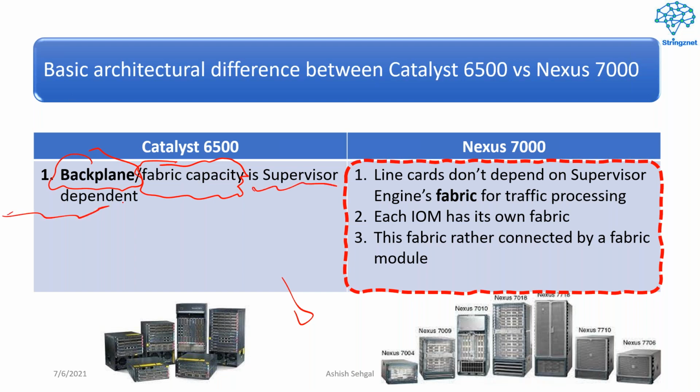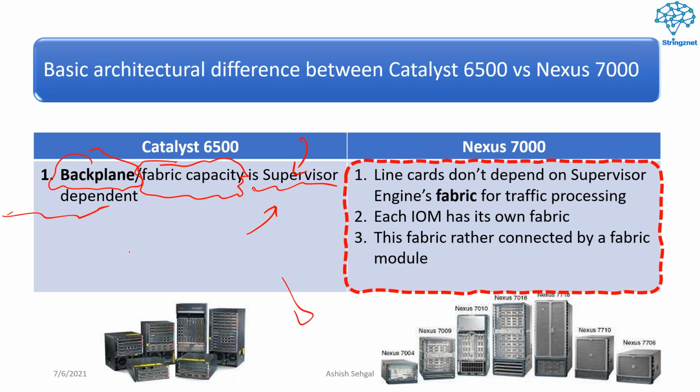Over here, fabric is not the right term they should use. Rather, the entire capacity of the line cards used to be dependent on the supervisor engine. How much throughput, how much maximum bandwidth they can throttle out was dependent on the supervisor engine. That's why we used to call it backplane capacity.